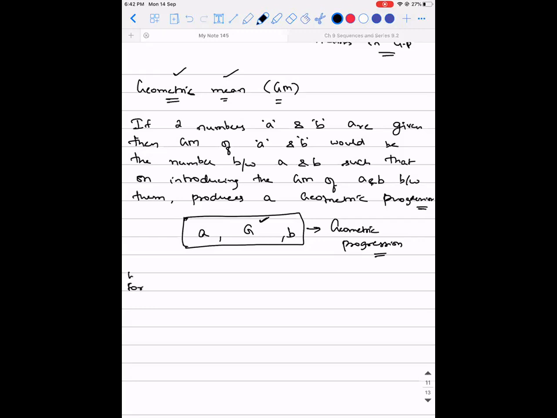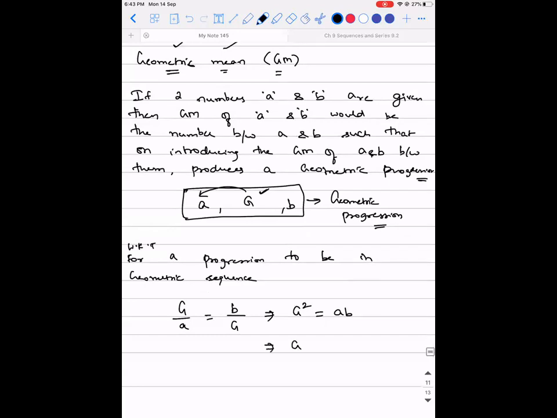We know that for a progression to be a geometric sequence, the ratios must be constant. That's right. So G divided by A must be equal to B divided by G. Accepted? Which implies G square will be equal to AB.